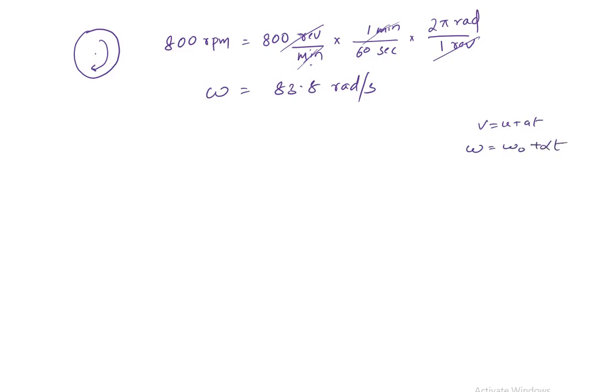Because you've had practice with this up to now, all it is is changing over from linear to angular. So if we want acceleration, alpha equals omega minus omega naught over t.